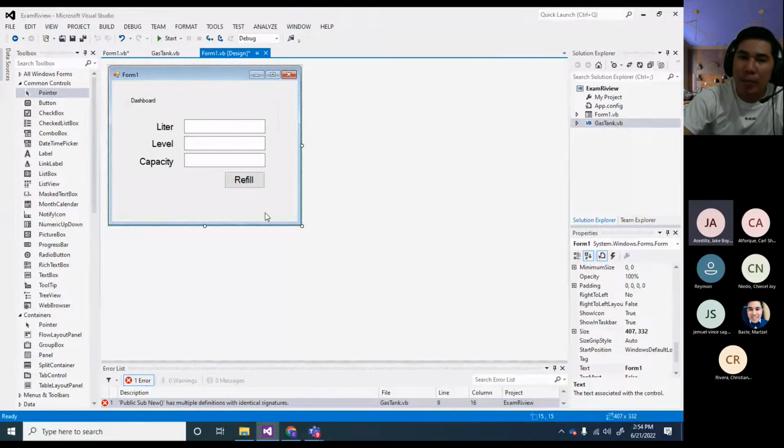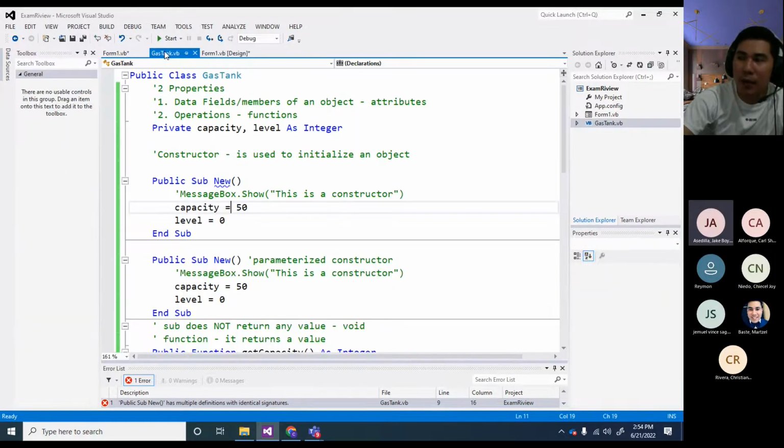No matter how good you are in coding, if you don't know how to implement OOP in every programming language, it's still not okay.